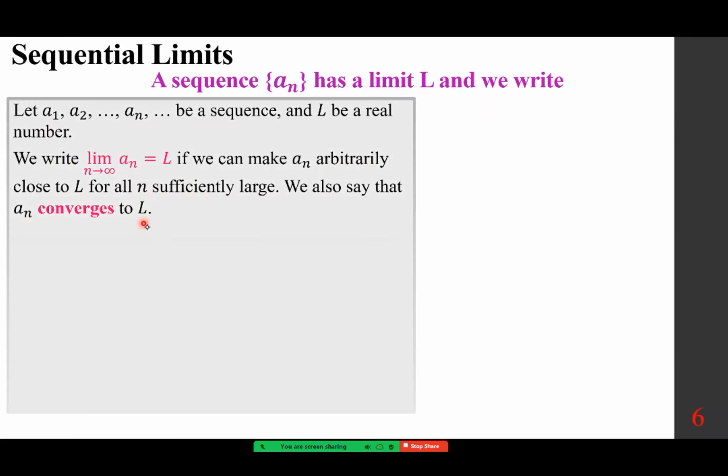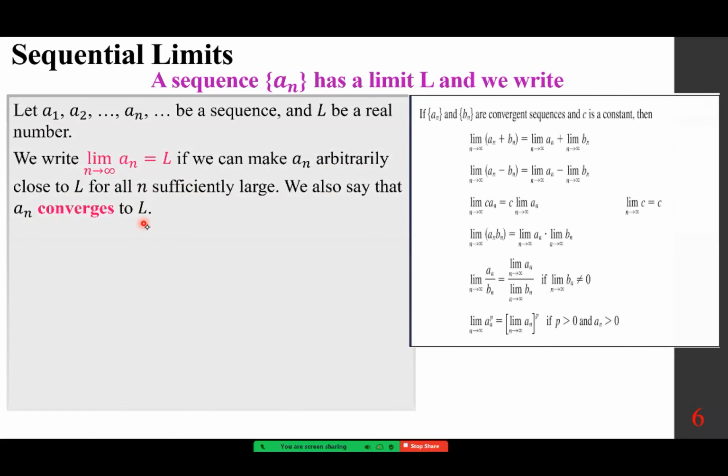Now, this gives rise to what we call limit laws or laws of limits. The limit law says if you have a couple of sequences and both of them are convergent, then the limit of the sum is the sum of their limits. The limit of the difference is the difference of the limits.